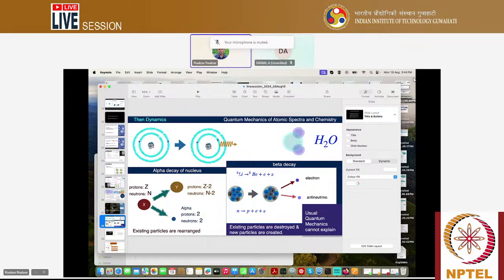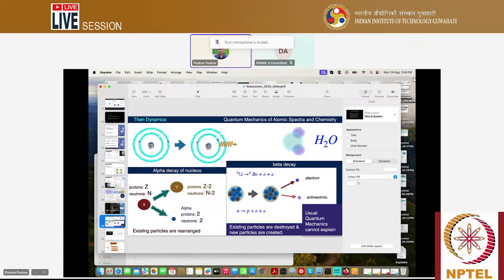And a collection of such photons is basically the radiation in general, electromagnetic radiation in general, and light in particular, which we know very well now. Okay, and we also know that atoms can combine to form molecules, and all of chemistry deals with that. That's basically atomic physics and chemistry.